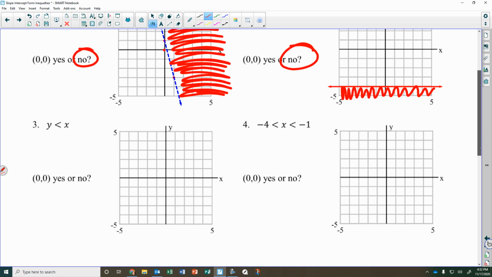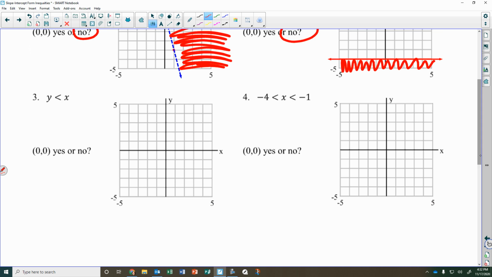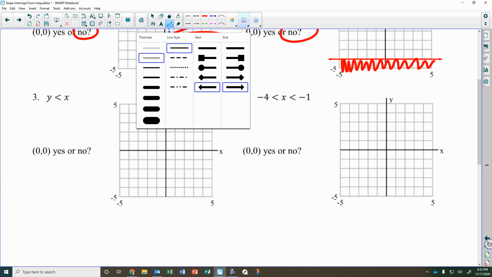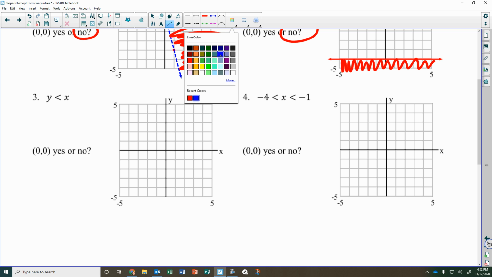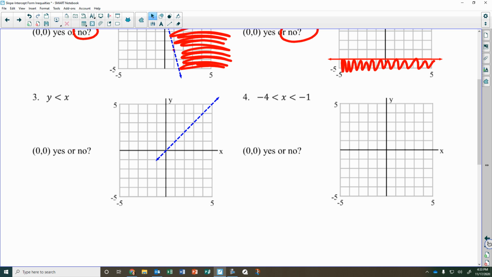Now, for number 3, this is a dotted line that goes through the origin. We'll make this one blue, and we're just going to go straight up through there. Now, I can't test 0, 0, but I can answer this, because 0, 0 is on the line, and it's dotted.